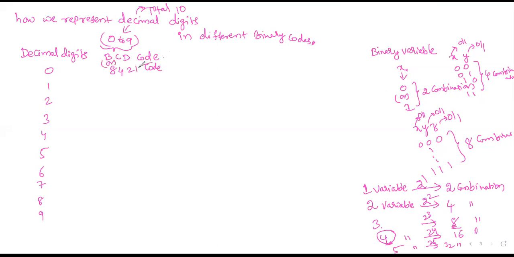This 8421 is nothing but weights. And I ask you to remember the numbers 0 to 15 in binary. So 0 will be represented as 0, 0, 0, 0. 1 will be represented as 0, 0, 0, 1. 2 is 0, 0, 1, 0. 3 is 0, 0, 1, 1.